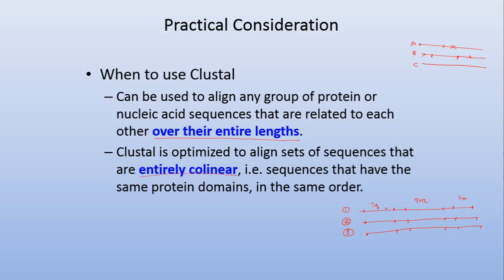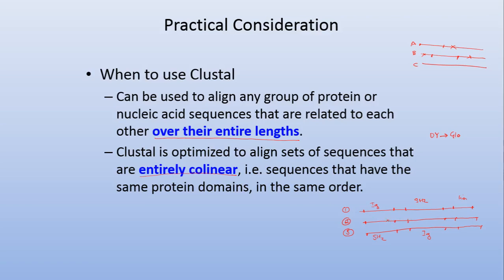Collinear means the domains present in your sequence are in the same order. It should not happen that in the first sequence you have an Ig domain followed by an SH2 domain, and in the third sequence there is an SH2 domain first and the Ig domain at the second position. The domains should not shuffle, right? Why? Because we are using dynamic programming and aligning the two sequences globally. And when you try to align globally, your alignment would be erroneous if the domains are interchanged or if the sequences are not collinear.